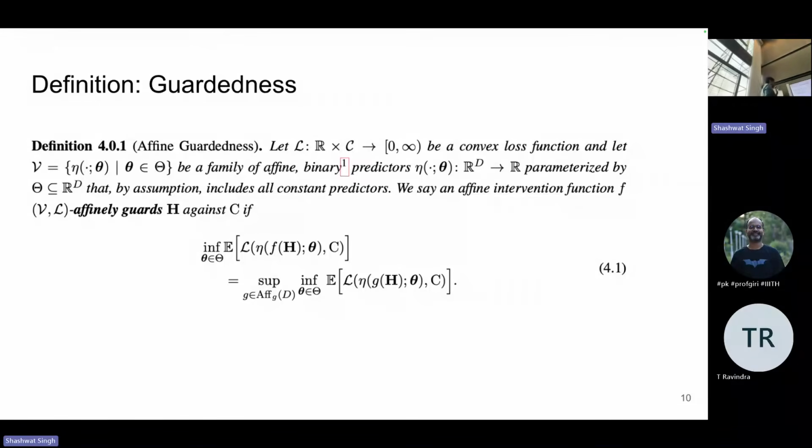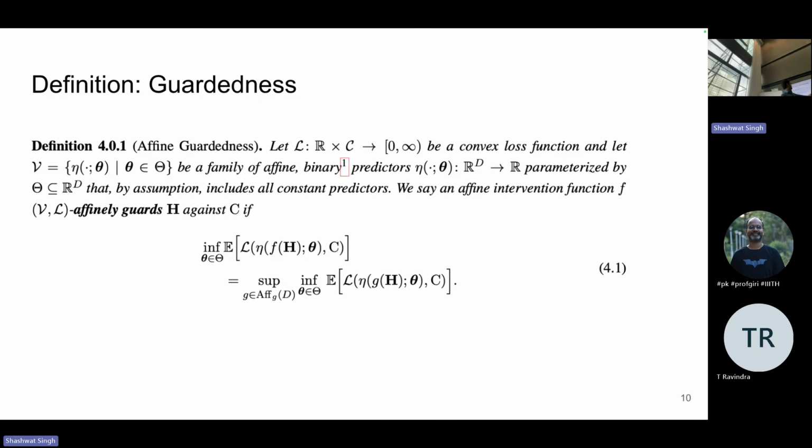The definition is simply that the best eta, the best affine classifier, should be the worst possible thing you can get. That's the intuition here.